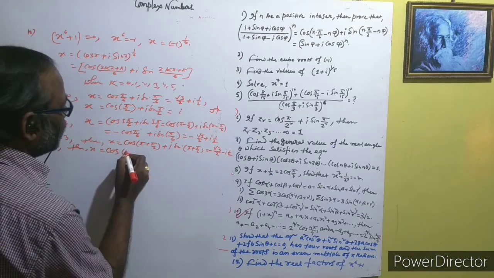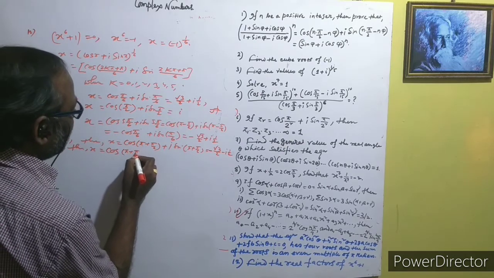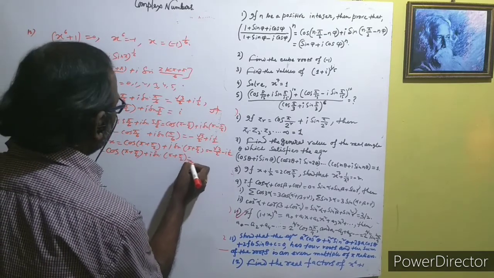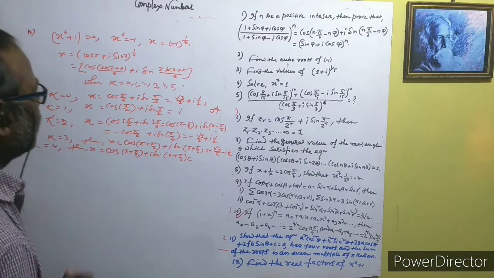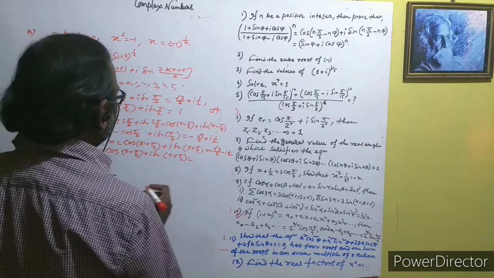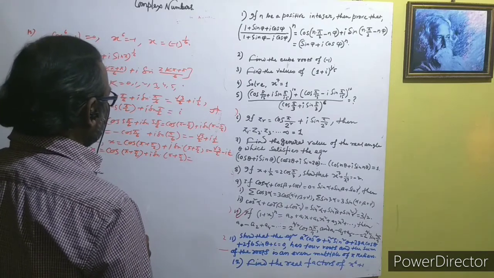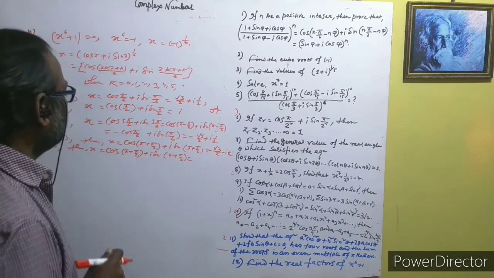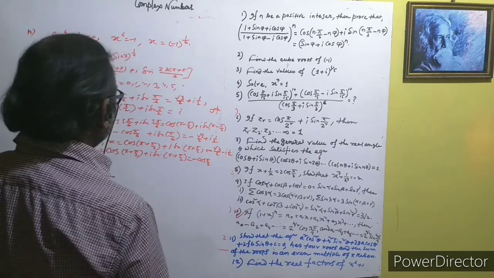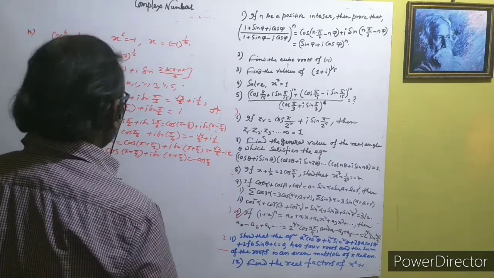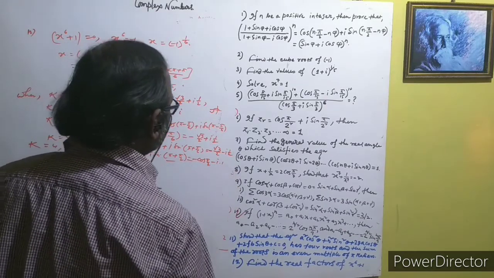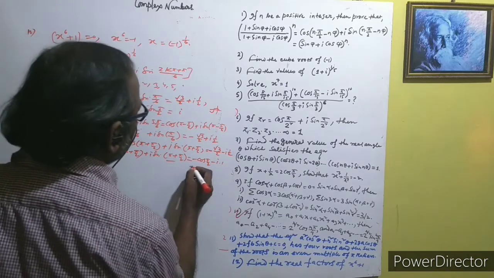So this is cos (pi plus pi by 2) plus i sin (pi plus pi by 2), that is minus cos pi by 2 plus minus i into sin 90, and sin 90 is 1. So this is minus i.